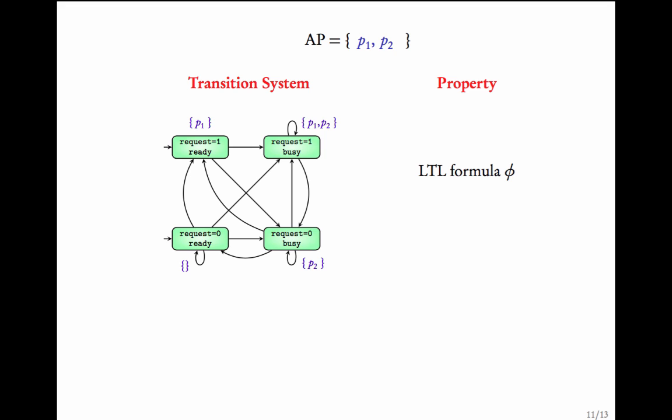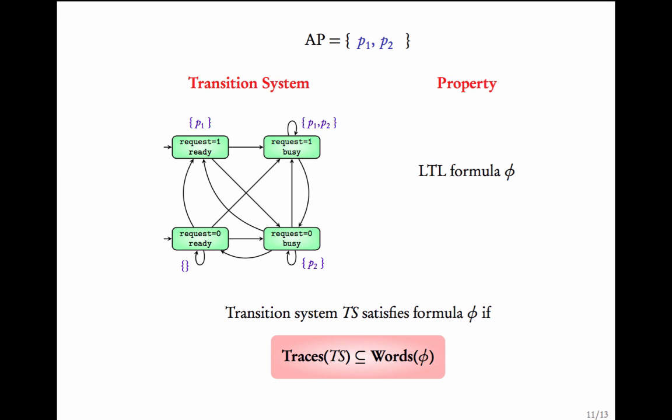When does a transition system satisfy the property given by LTL formula phi? We know that a transition system satisfies a property P if the traces of the transition system are contained in the property. If the property is given by the LTL formula, this just means that traces of the transition system are contained inside words of phi.